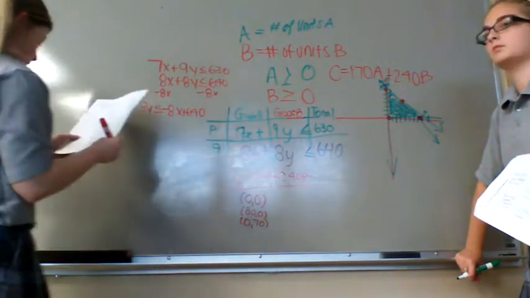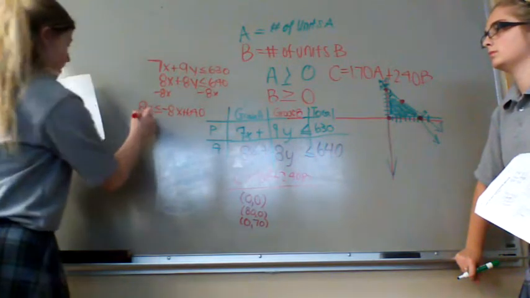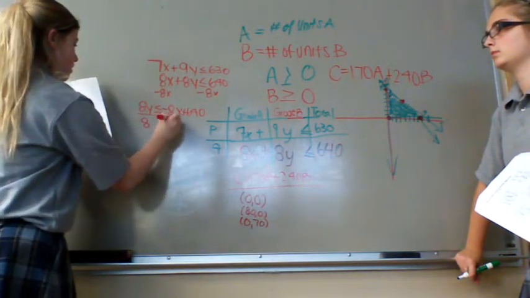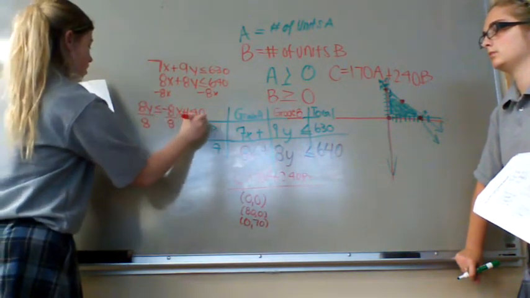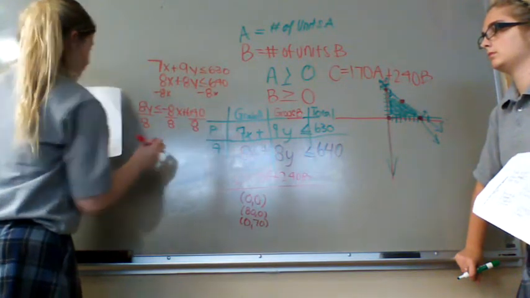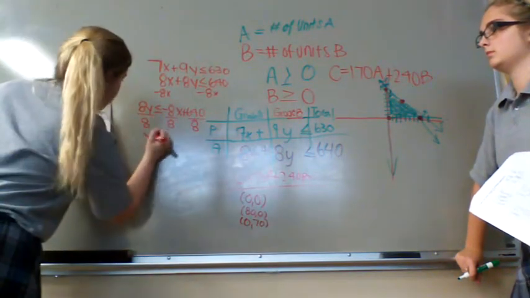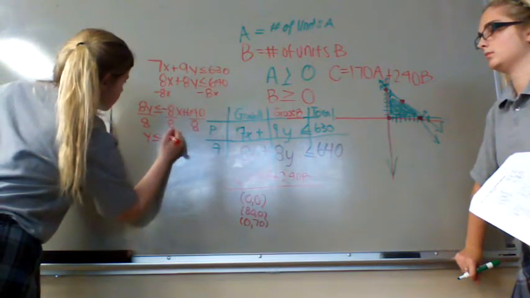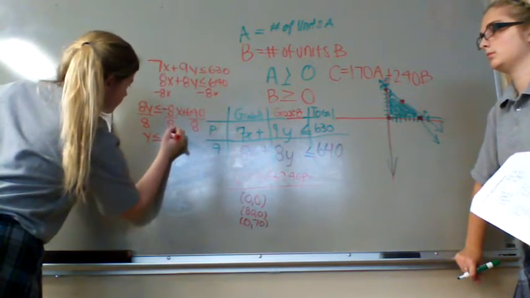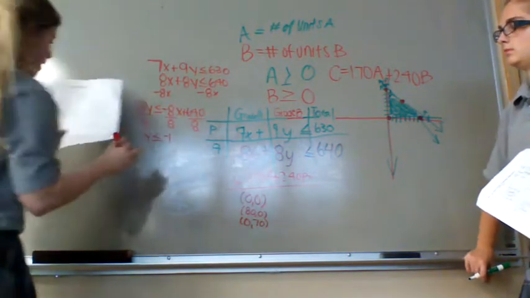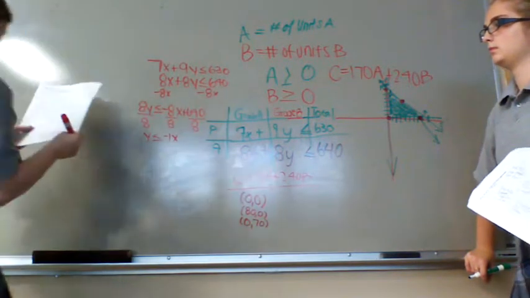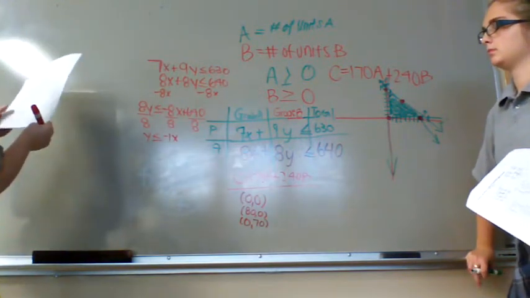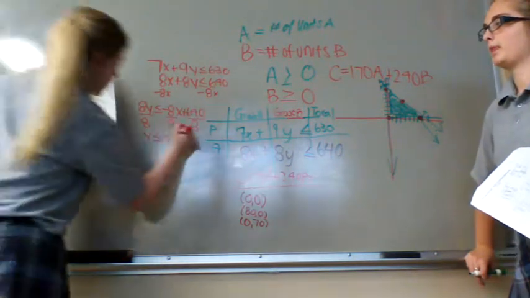And then we divided by 8 because you have to have y be alone. And so then you'll get y is less than or equal to negative 1x plus 80.